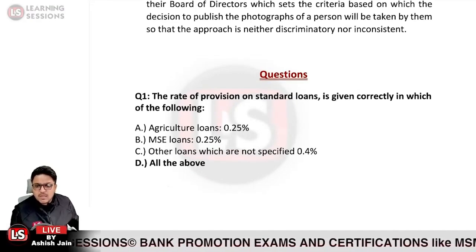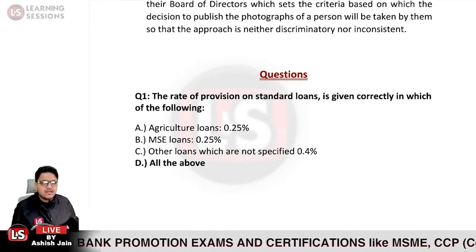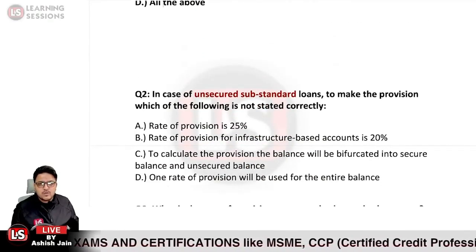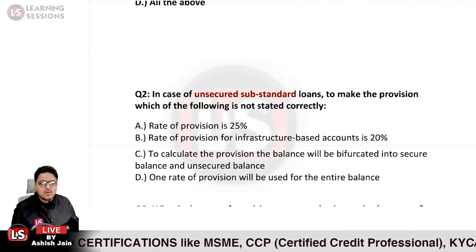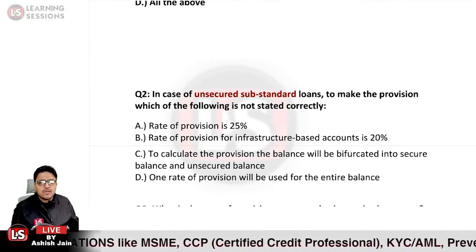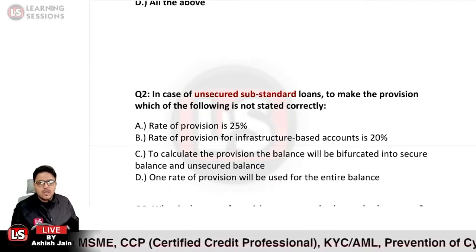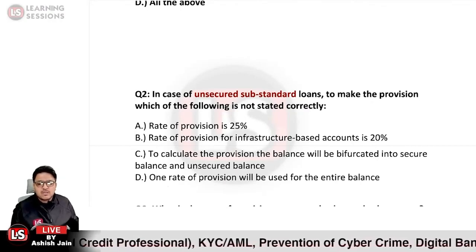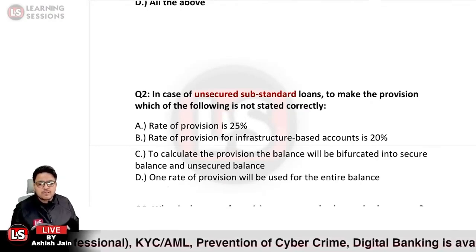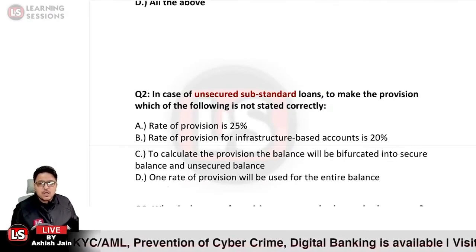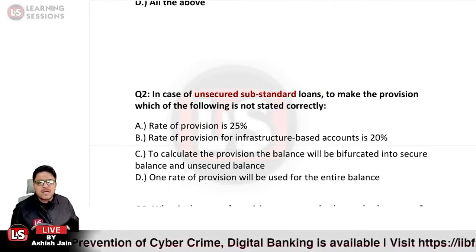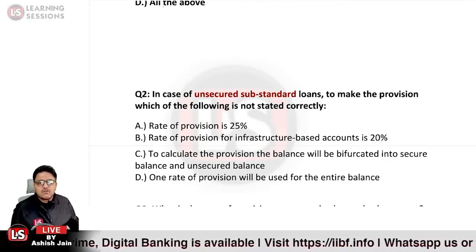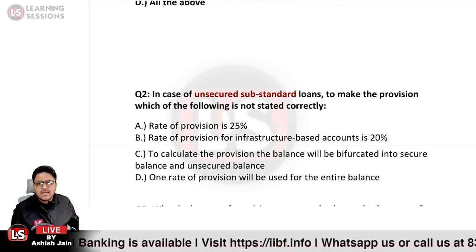Ravi Nanabala has answered correctly at the earliest. Second question: in case of unsecured substandard loans, to make the provision, which of the following is not stated correctly? Rate of provision is 25%; rate of provision for infrastructure based accounts is 20%; to calculate the provision, the balance will be bifurcated into secured balance and unsecured balance; and option D, one rate of provision will be used for the entire balance.